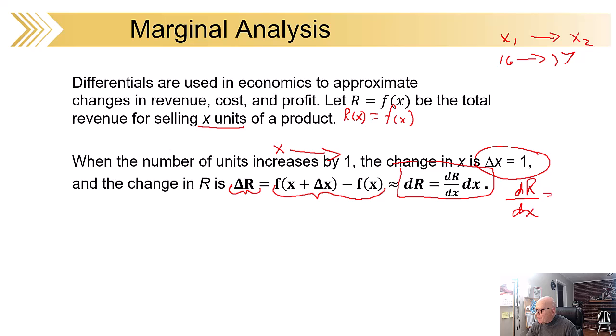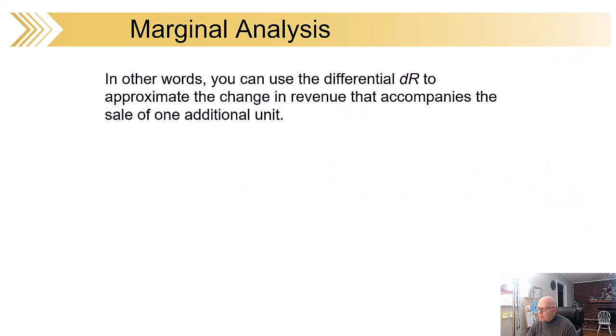This is what you would have to begin with, dr dx, and you can call this dr dx, or you can call it r prime of x. Multiply dx times both sides, and that's what you got, where this is r prime. So let's use the differential to see the change.